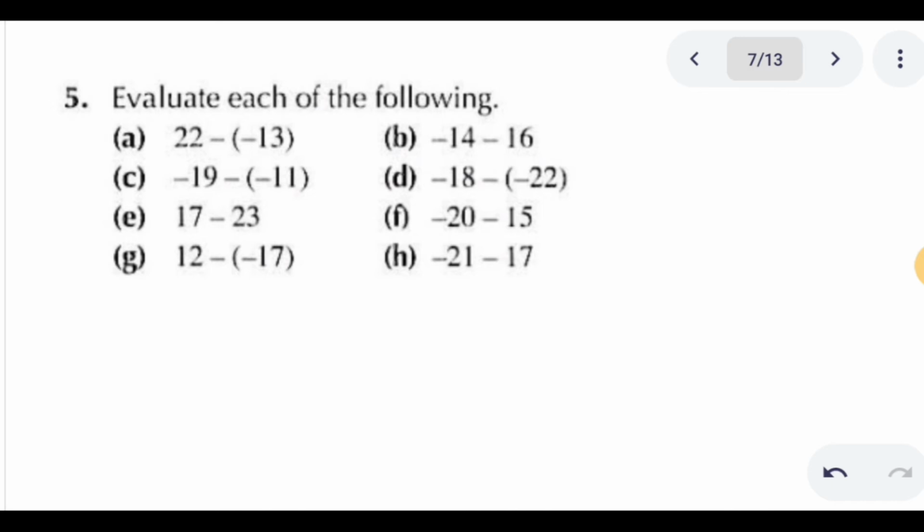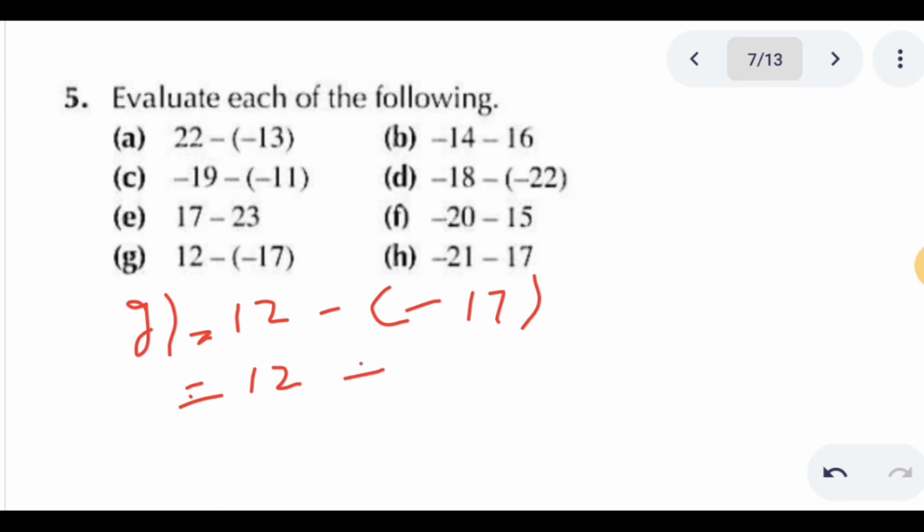Let's solve the G part. In G part we have 12 minus minus 17. So 12 minus minus 17 becomes plus, so we have to add these two numbers, and because both of them are plus, we can easily write the plus sign with them.